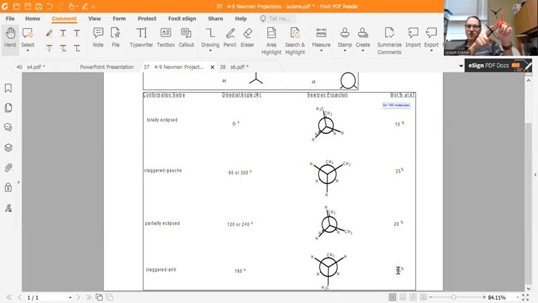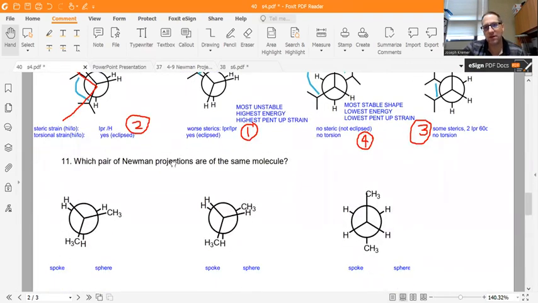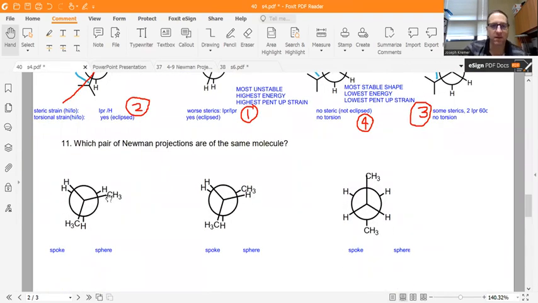See the hydrogen here? 20% of molecules exist to that tune. You do not need to know those statistics. You don't need to know the percentages. You should be able to rank them though.